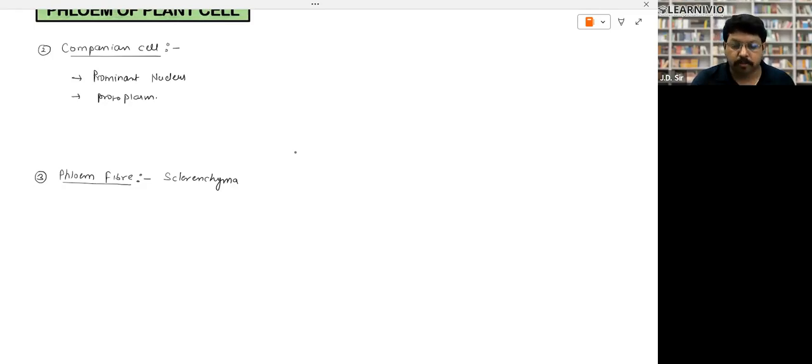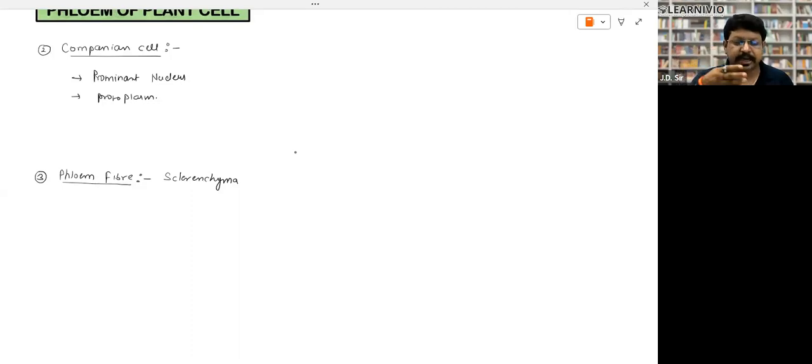That's how phloem fibers are economically used. They are used to make string and thread, right? Sclerenchyma cells. So phloems are very useful. And when the plant is alive, the function of phloem is to transport the food.